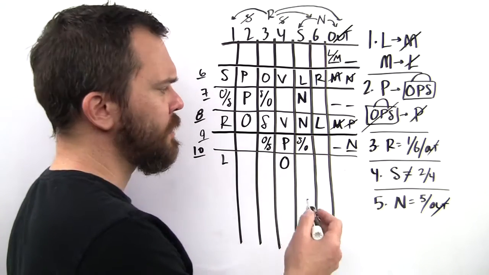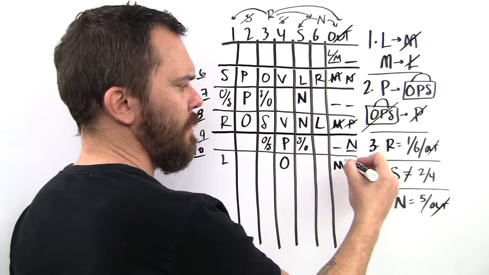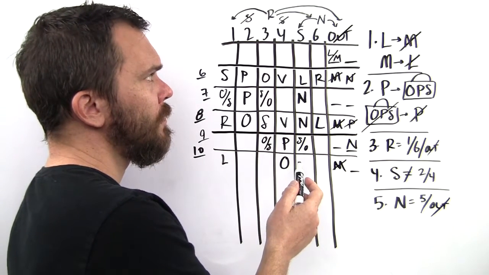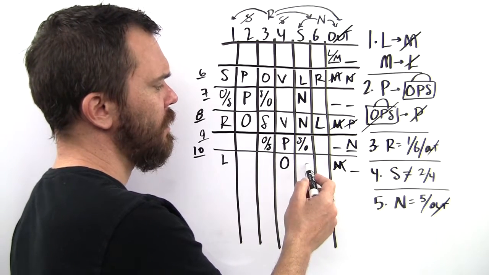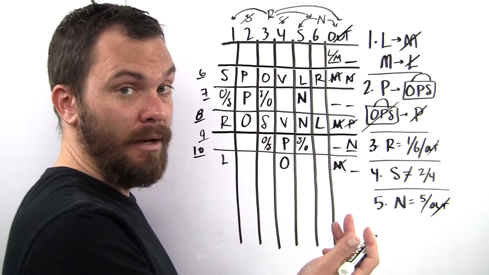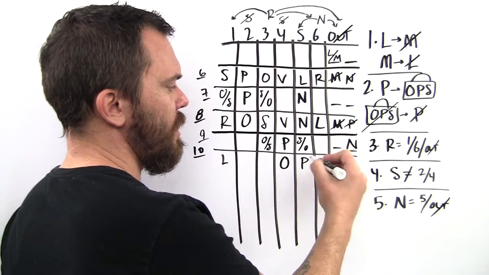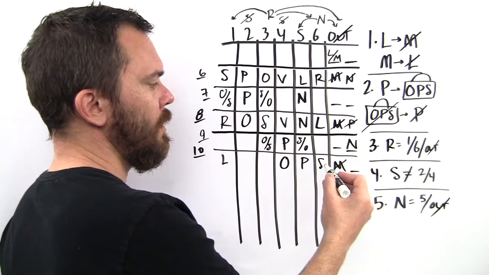So now we know that L is in, M is out. Could we get P? Let's see, if we put P there, then we're going to get either P or else N, right? Because if we're going to put P, it'll have to be there, and then you'll have to have S. Oh, wait.